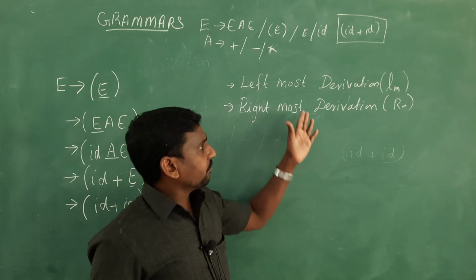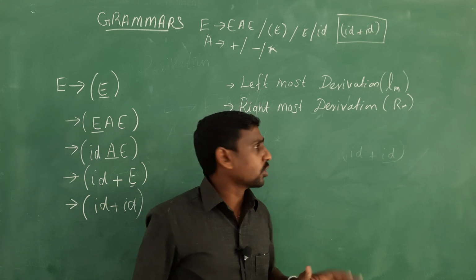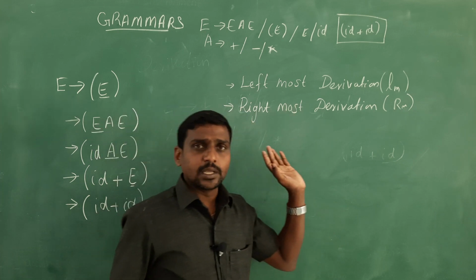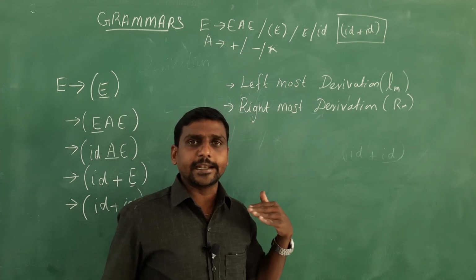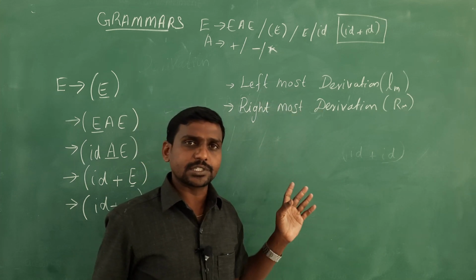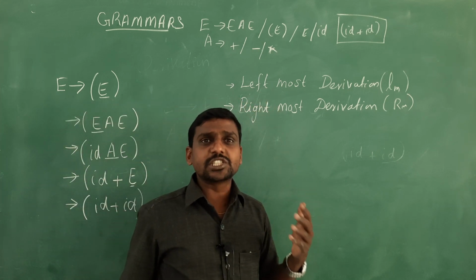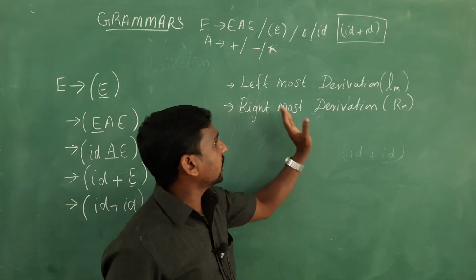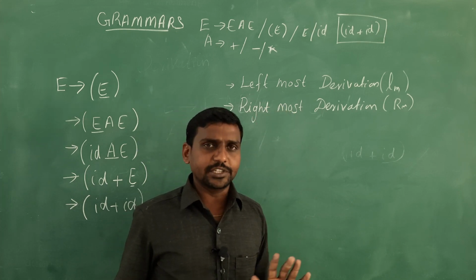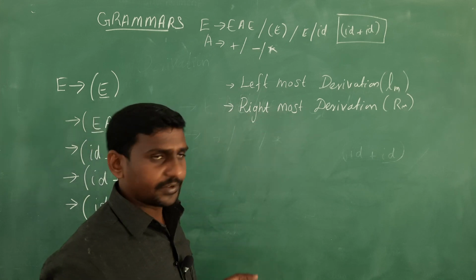They follow any one of the derivations based on how the programmer designed the compiler. In order to increase the efficiency or simplicity of the compiler, they follow any one type of derivation.